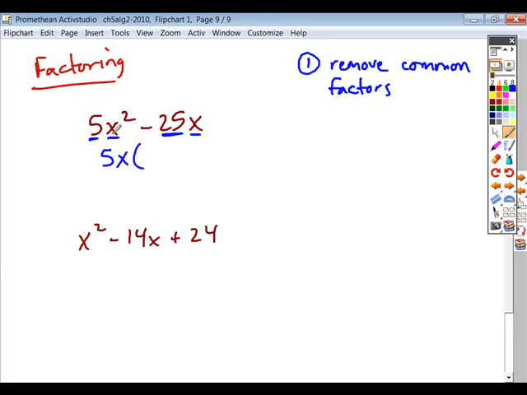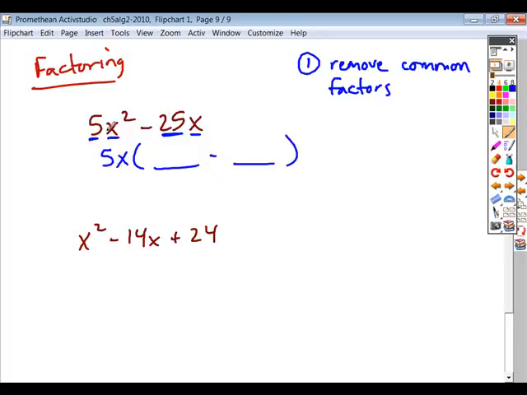And when you remove a 5 and an x from this first individual term, basically factoring out and then finding what's going to remain in the groups, it's always going to have the exact same form as the original. So our original was a binomial separated by a minus. So when we factor out any common factors, we still need to be left with a binomial.